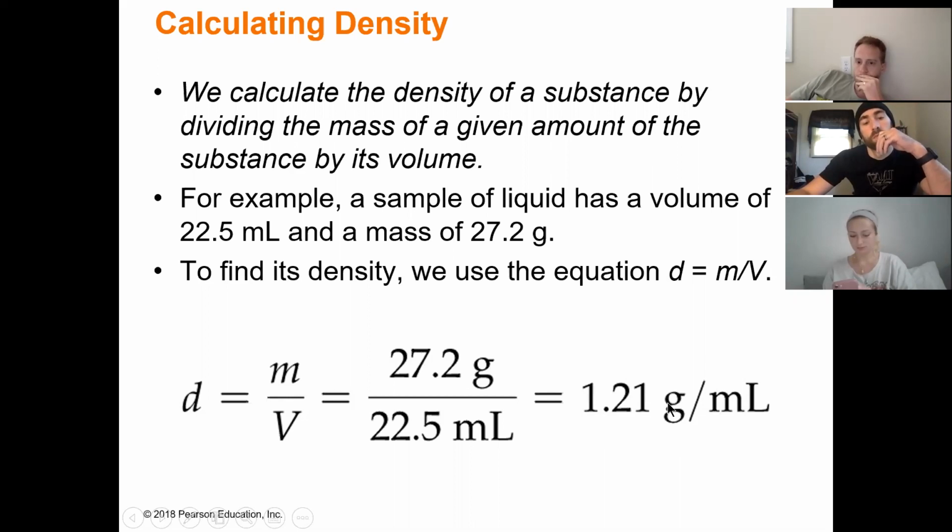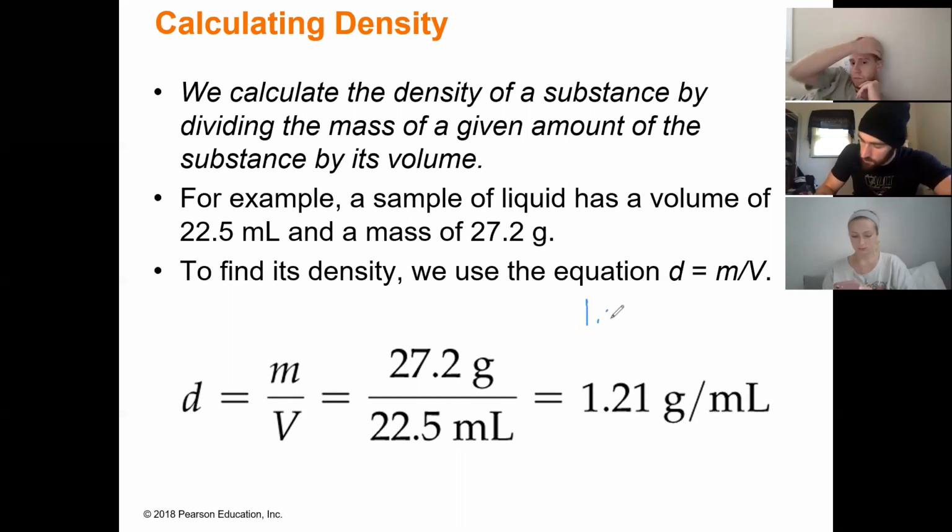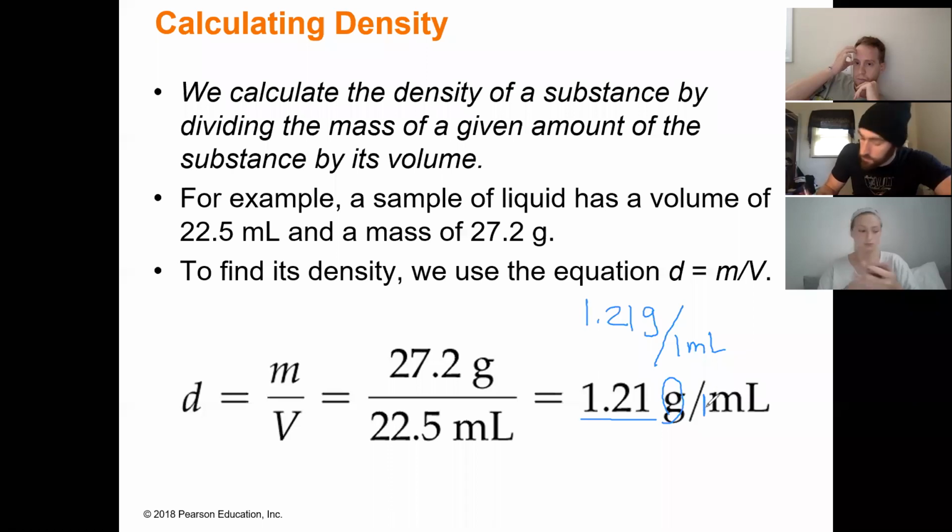That's a mass value though. That's not telling me anything about density. I need to know how many grams that is in every 1 milliliter. When this density is written, you can think of it as 1.21 grams for every 1 milliliter. There's sort of an inferred one on the bottom. So the number always goes with the top unit, and a 1 will go with that bottom unit.